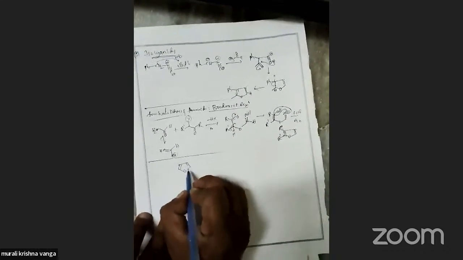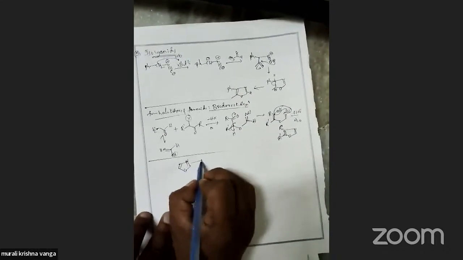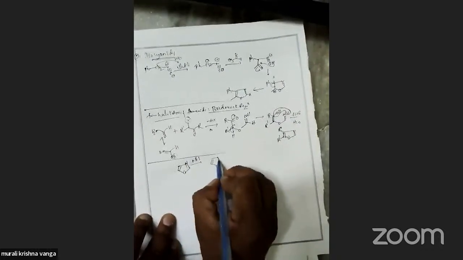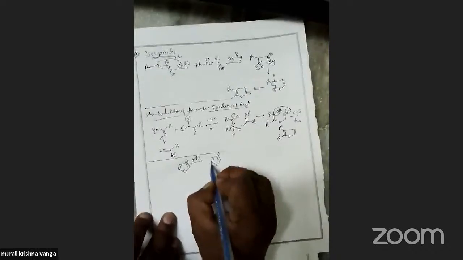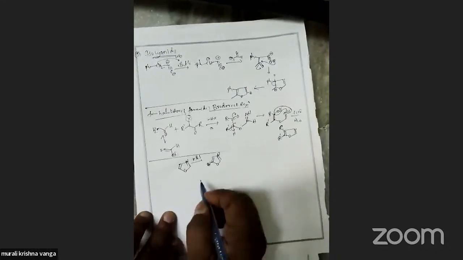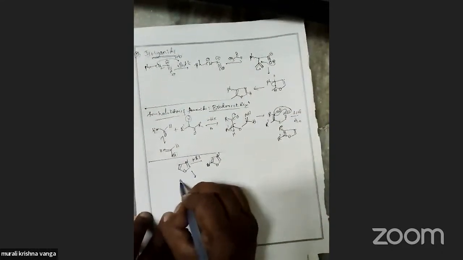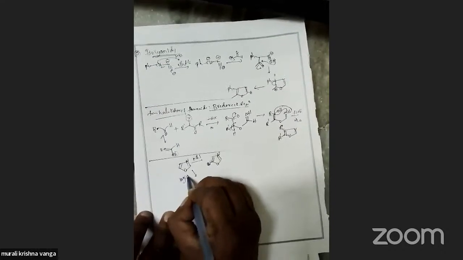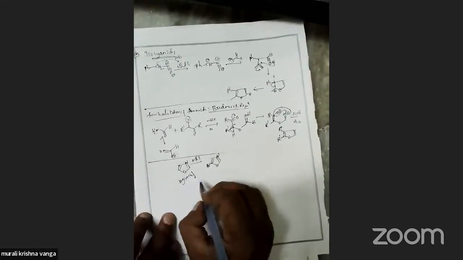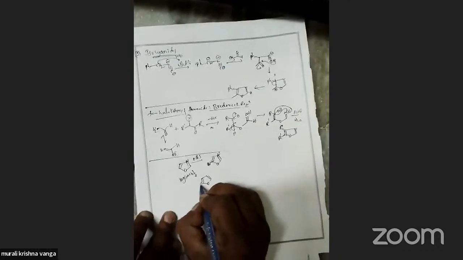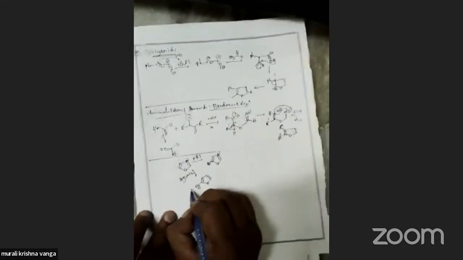Bromination takes place at the fifth position with NBS. In the special reaction, it reacts with mercuric acetate and then produces the mercury OAc compound.